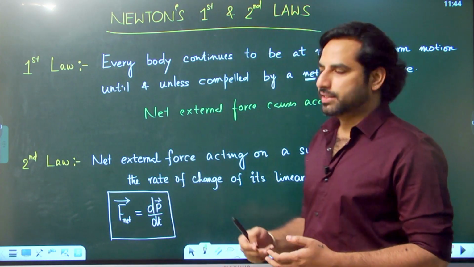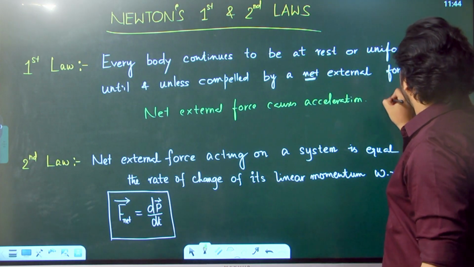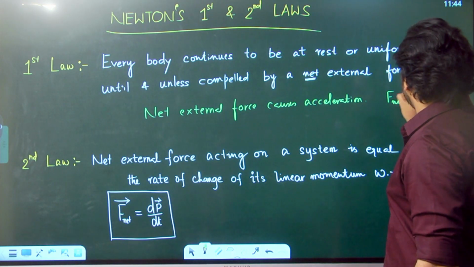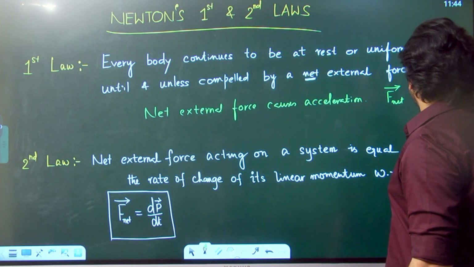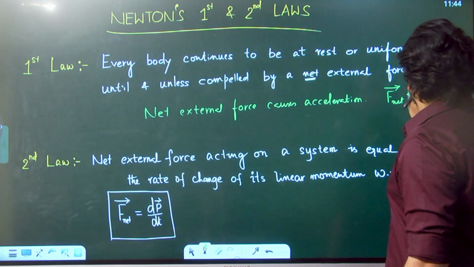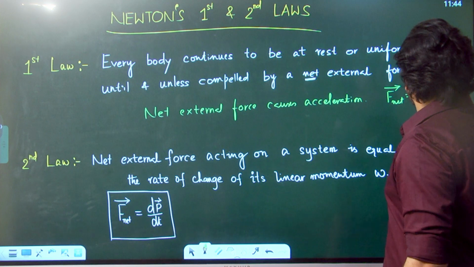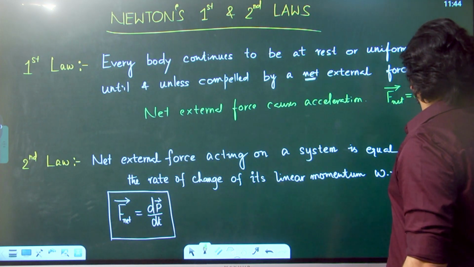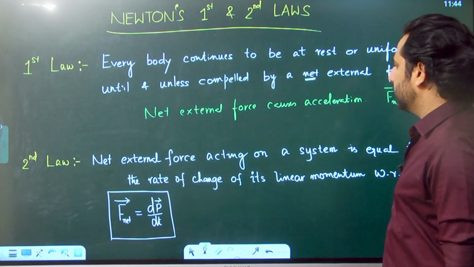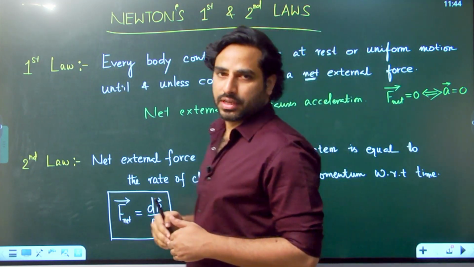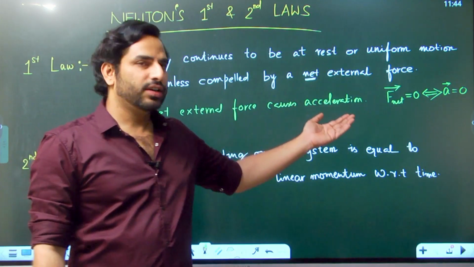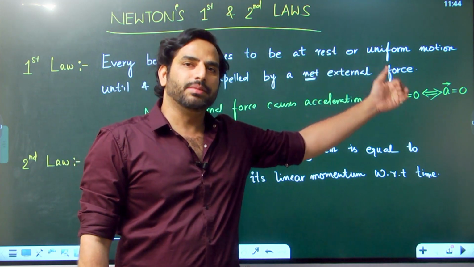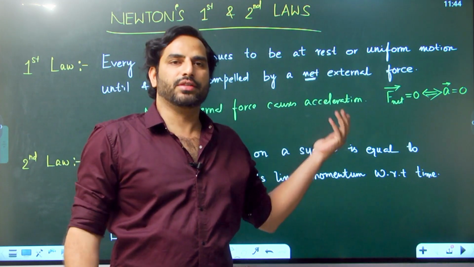Or to be more precise, I would say net external force acting on the system is 0 implies acceleration is 0, which says that if net external force acting on the system is 0, then its acceleration is 0, or if acceleration of the system is 0, then we can conclude that net external force is 0.